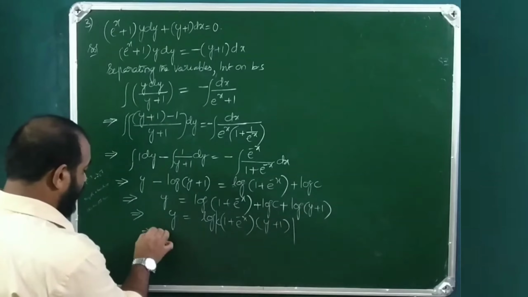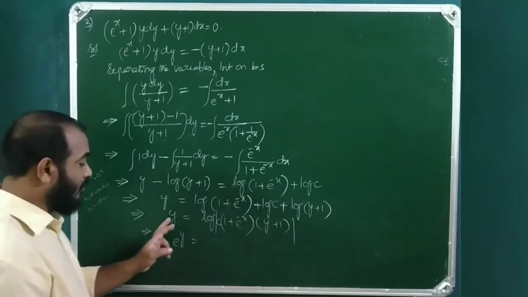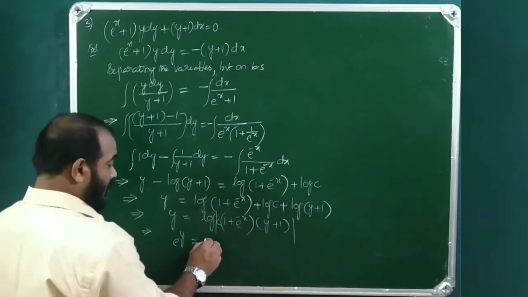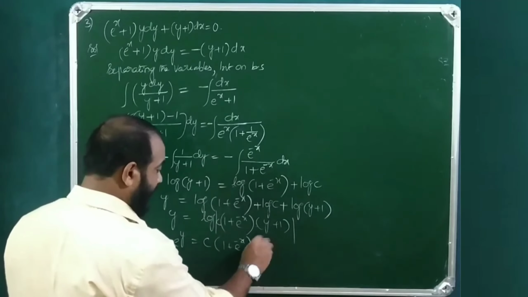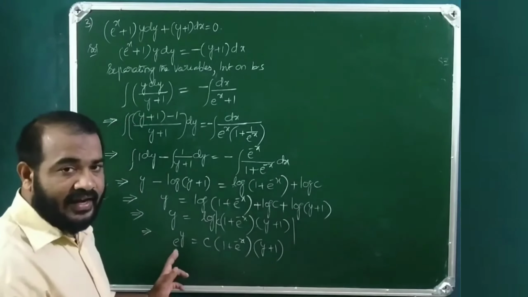So, therefore, this is e power y is equal to, if I remove log on both sides, then it will be e power y equals c into 1 plus e power minus x into y plus 1, which is the answer given at the end.